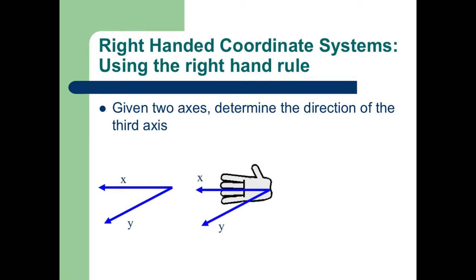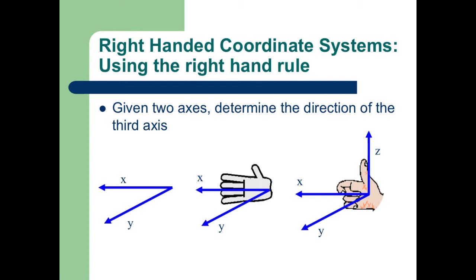What we want to do is hold your right hand so that your fingers are pointing in the positive X direction and the palm of your hand is facing in the positive Y direction. Remember, this down and to the left arrow means it's coming out of the page, so the palm of this hand is pointing out of the page. And if you do it right, you'll see that when you curve your fingers from positive X towards positive Y and stick your thumb out, your thumb is going to point in the positive Z direction.